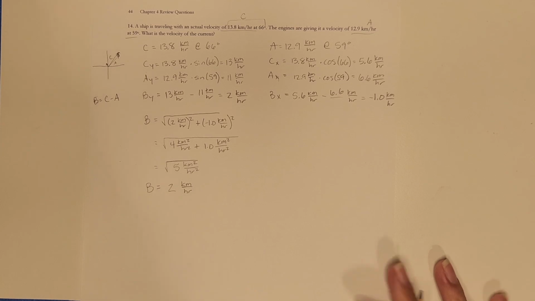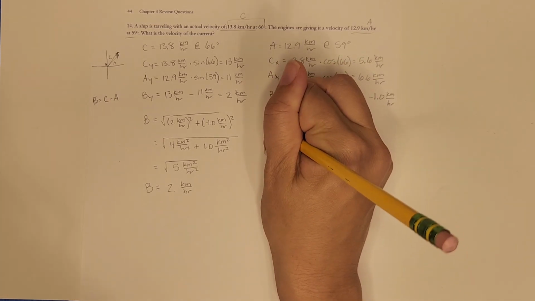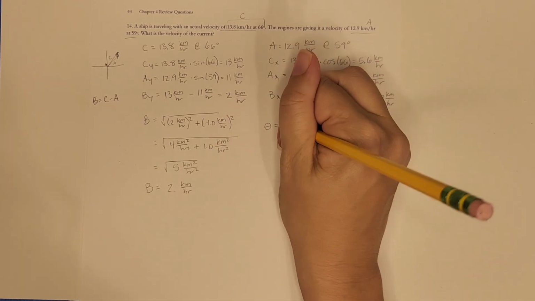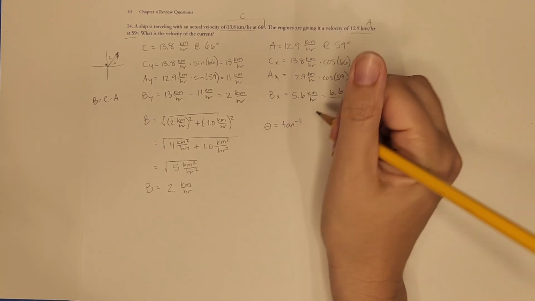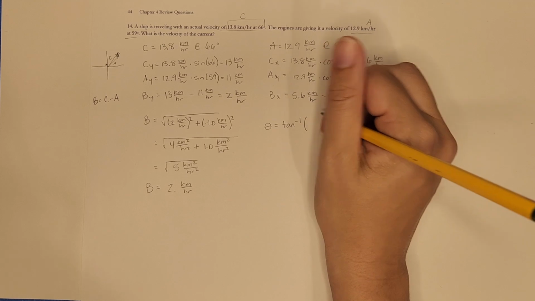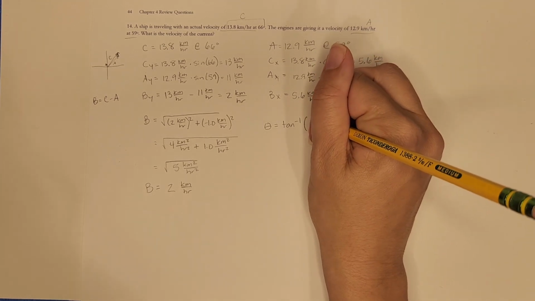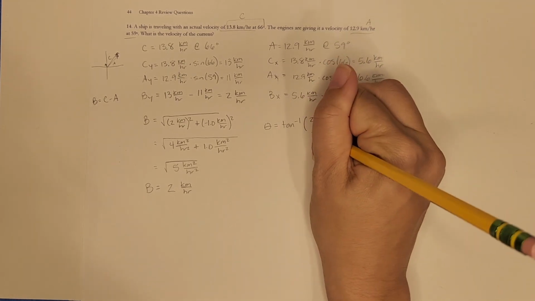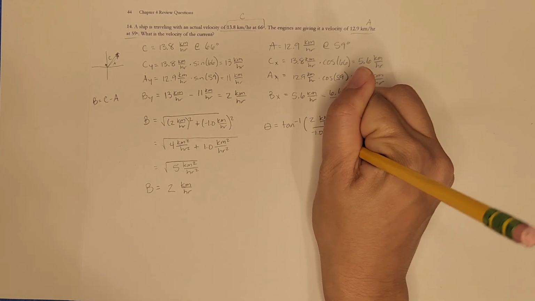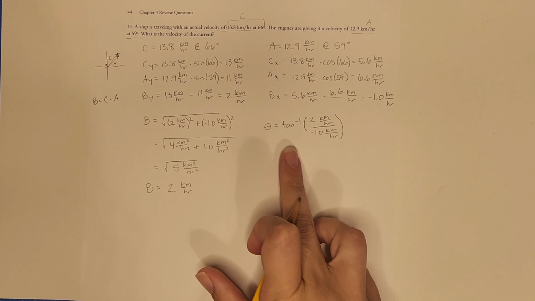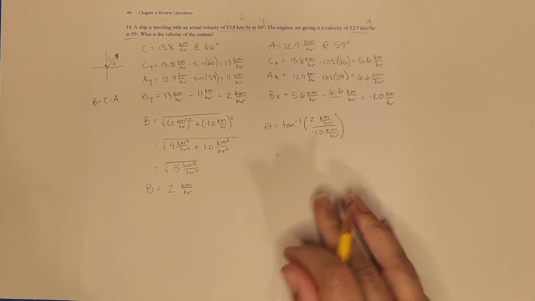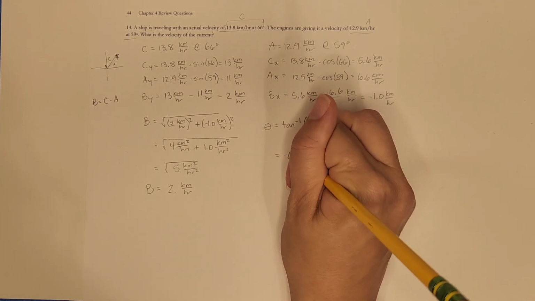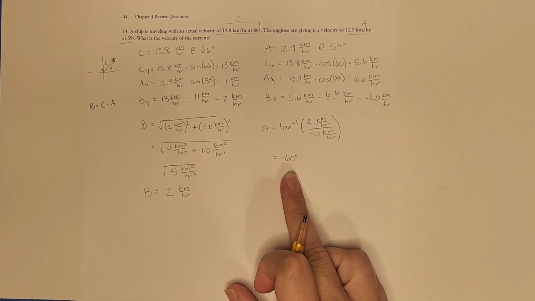Now let's determine our angle. And so as I've done before, I'm going to just kind of shortcut here and say my angle is the tangent inverse of y over x. And so for my y, I have 2 kilometers per hour divided by negative 1.0 kilometers per hour. Okay, so essentially my inverse tangent of negative 2, right? And I'm going to end up with negative 60 degrees, which is obviously something I cannot use.